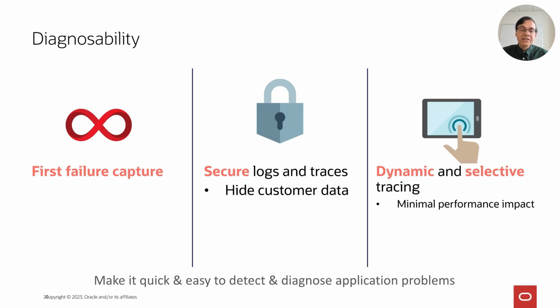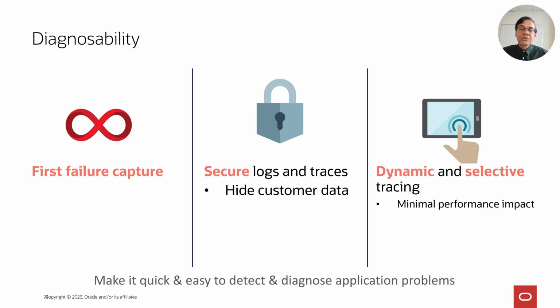Let us discuss that in the context of JDBC 23c, what we are doing. For JDBC 23c, we have a single jar which is fully optimized, and we don't have to use any different jar for any of these different functionalities. By default, fast failure capture is enabled so that you can find out any issues in the production environment without enabling any tracing.